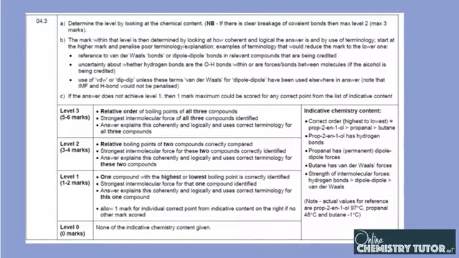So here was the mark scheme for this question. 6 marks available for this question, and what you need to do is look at the box. Begin with the box in the middle called level 3. To achieve a level 3 mark with 5 or 6 marks, you had to get the relative order of all 3 correct. You had to identify the strongest intermolecular force in all 3, and you had to explain the answer coherently, logically, using correct terminology.